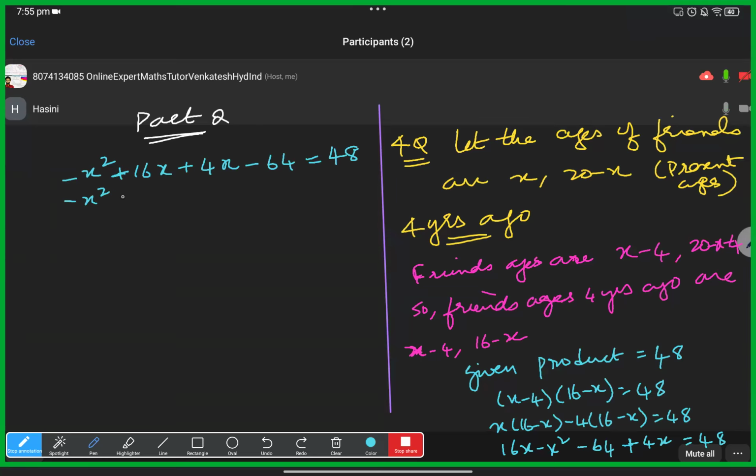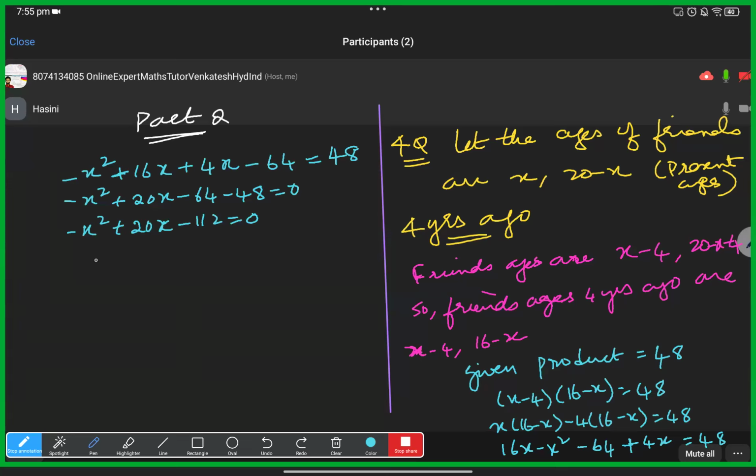So, Hasmi, 16x plus 4x is 20x, minus 64 minus 48 is equal to 0. So minus x square plus 20x minus 112 is equal to 0.